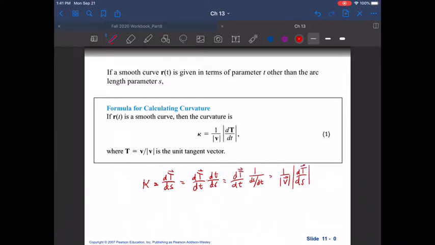Okay? And so that's where we're getting this one from. It's just using the chain rule to come up with that version of it.